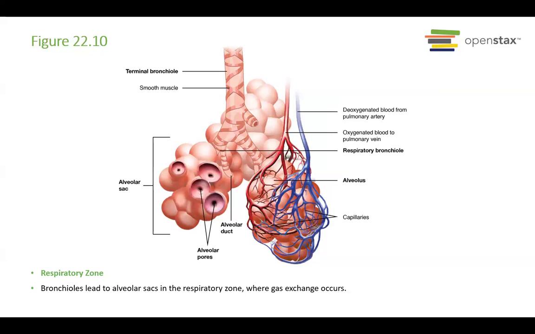Your trachea, bronchus, nasopharynx, oropharynx, laryngopharynx, and terminal bronchioles are all conducting zone. Then you get to the alveoli, the respiratory zone. So you have one respiratory zone and a lot of conducting zone.